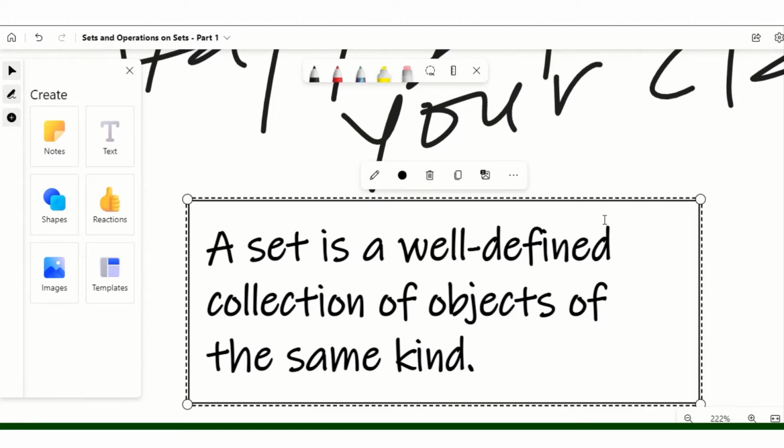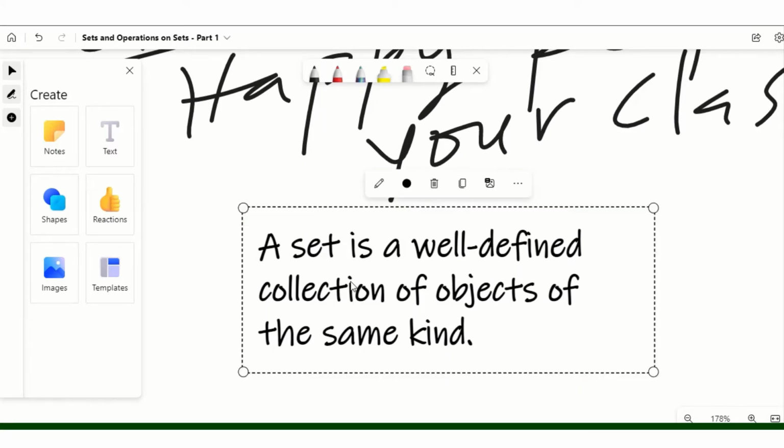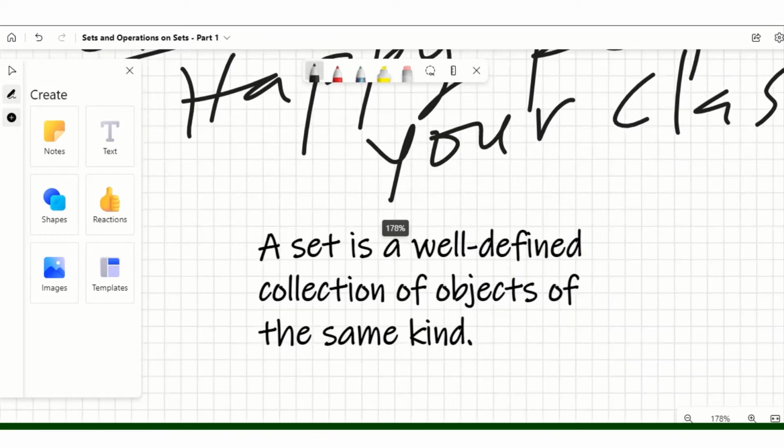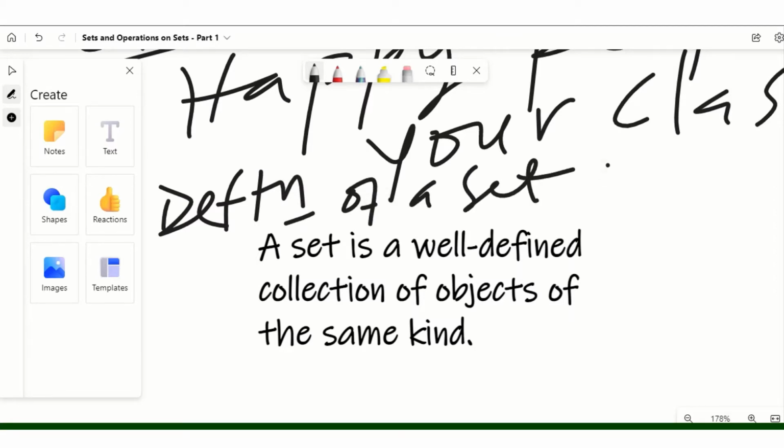Good. So that's the definition of a set.